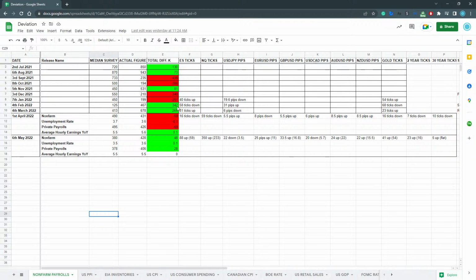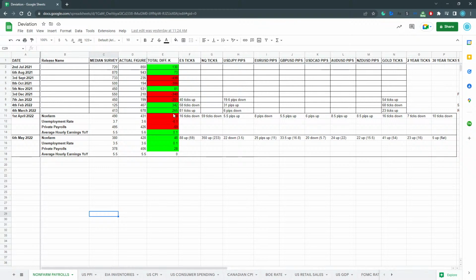So again, as an example, 4th of Feb, before the Russia-Ukraine invasion, you'd seen about 58 ticks down when there was at least a 300k deviation, or at least 250 to 300k deviation. So 58 ticks down on the S&P and a 31 pip move towards the upside on the dollar yen. And then the next release, there was 265,000 jobs.